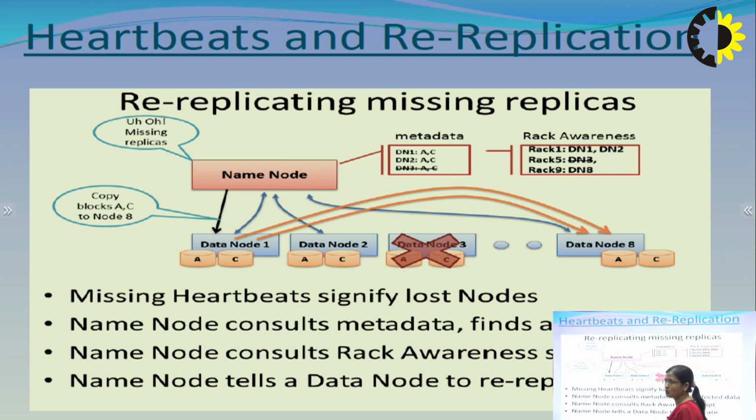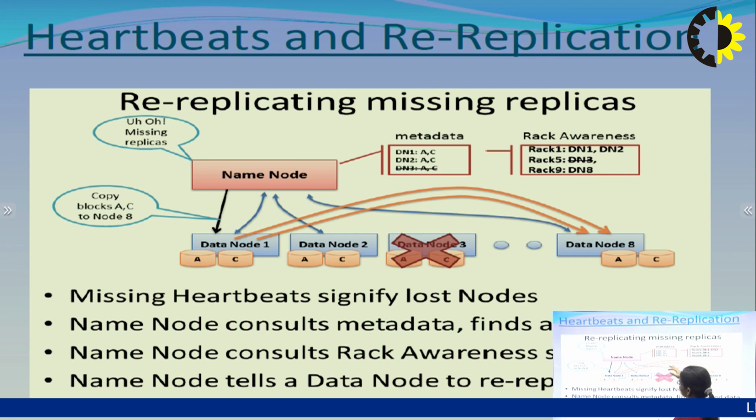So it is the responsibility of the name node to recreate that data node's copy elsewhere. Here the name node sends the message about missing replicas. The metadata contains the information that data node 1 has 2 blocks, A and C, data node 2 contains A and C, data node 3 contains A and C.